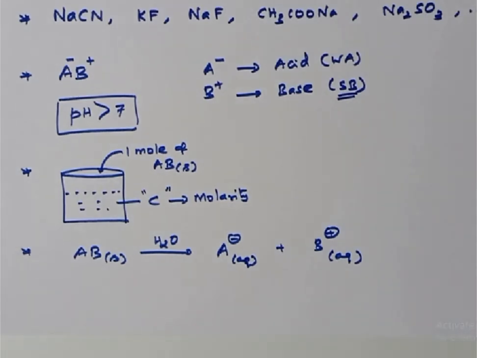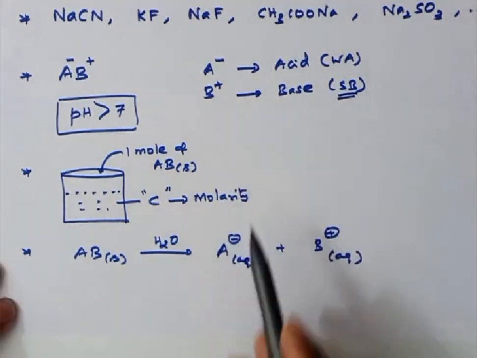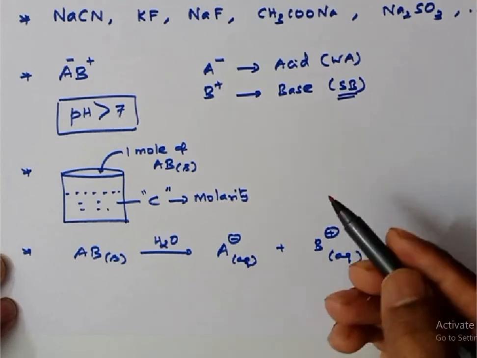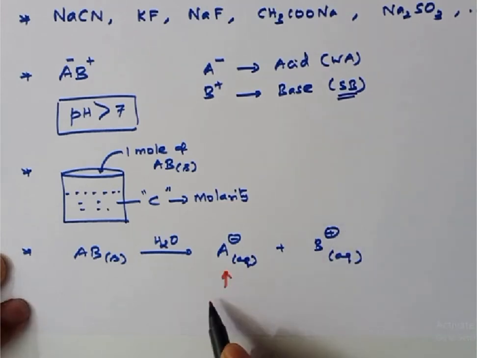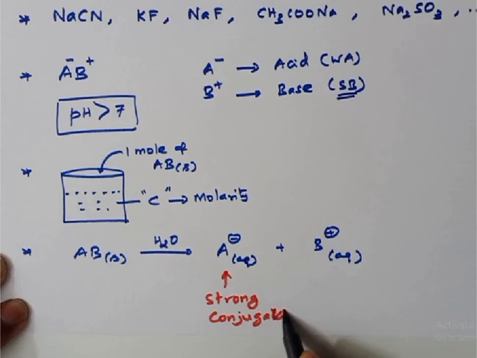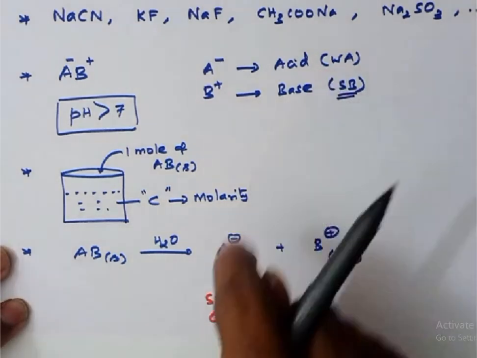Since the anion comes from a weak acid, this ion must be a strong conjugate base.